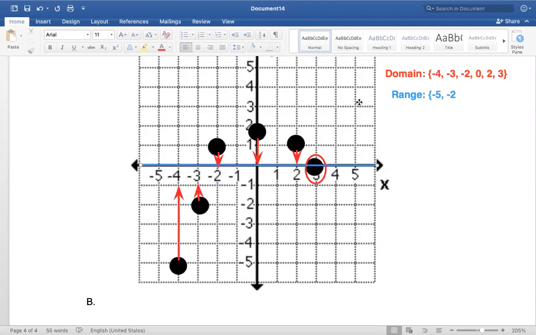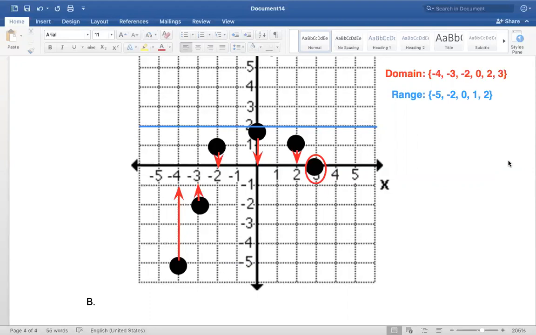Nothing. A dot at 0. Some at 1. And then I'm going to call that 2. You can also say that's about 1.9. Hard to say with how big these dots are. So that's my domain and range for this graph.